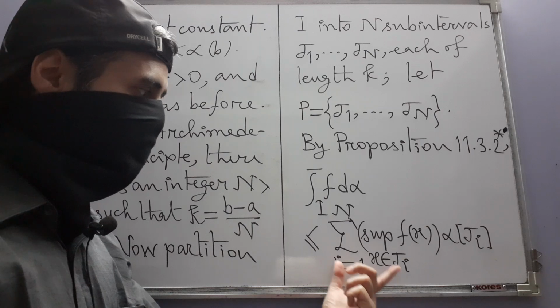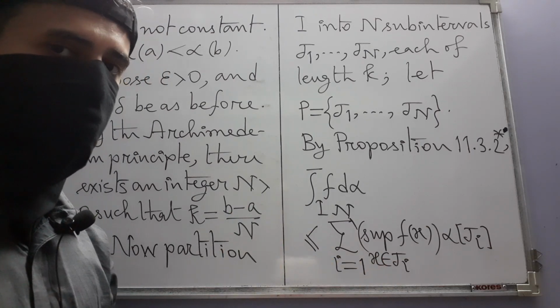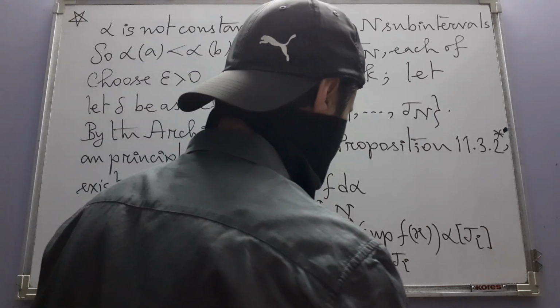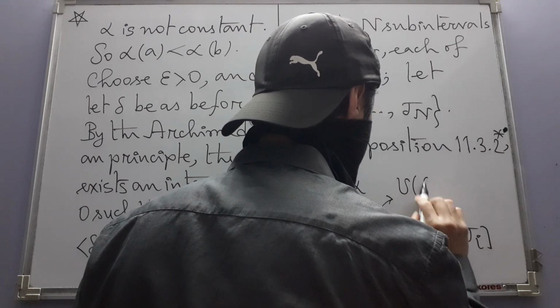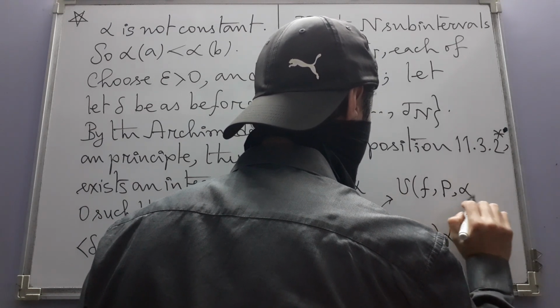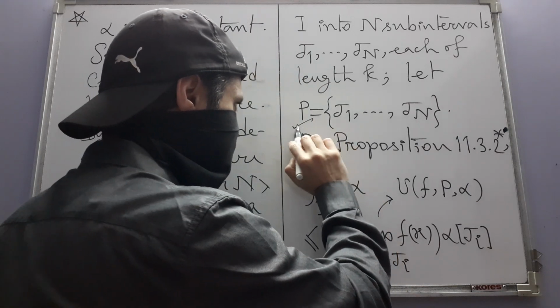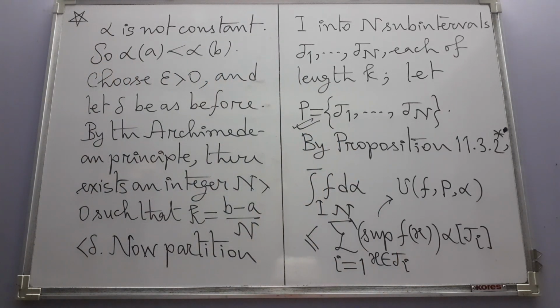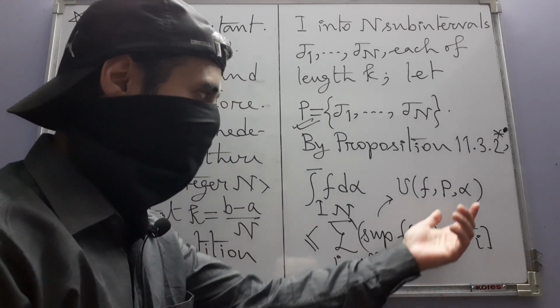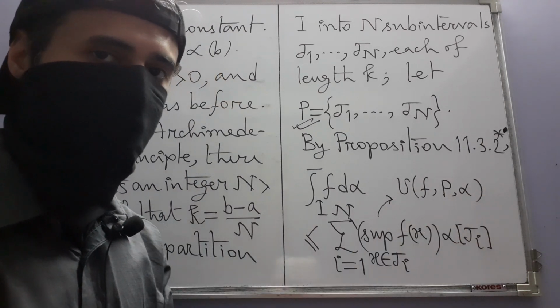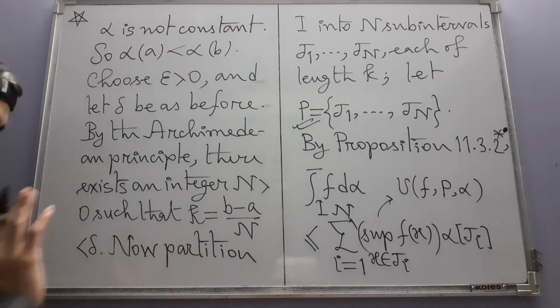And you can see actually what this is. Why? Because this is actually nothing but U(f, P, alpha), where P is this, because the subintervals involved here are the elements of P. So we have this.